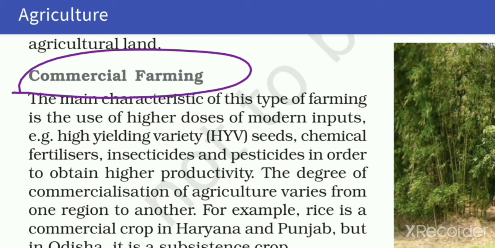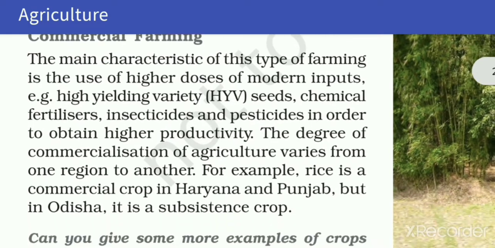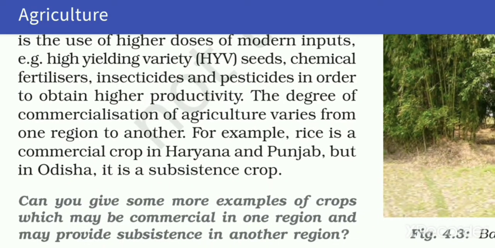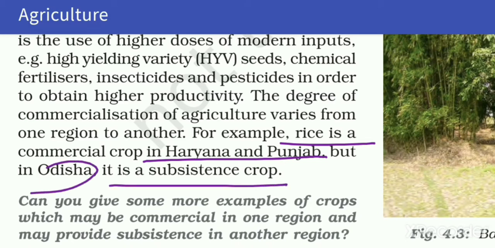Here we have to learn that commercial farming, or especially commercial crops, vary from one place to another. As you can see, one example is given. Rice is a commercial crop in Haryana and Punjab, while it is a subsistence crop in Orissa.